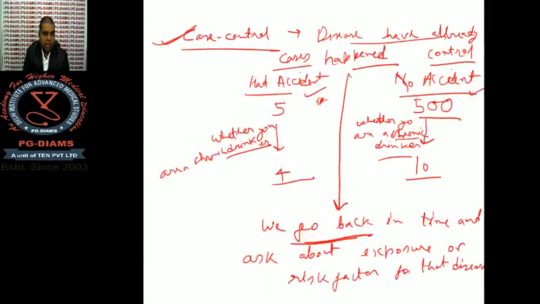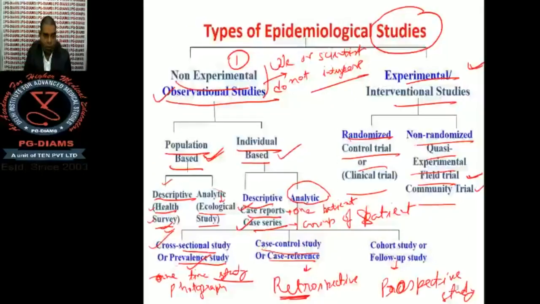But in case control, we ask questions from the past, that is, whether you were a chronic drinker or not. So in case control study and cross-sectional study, we do not follow.